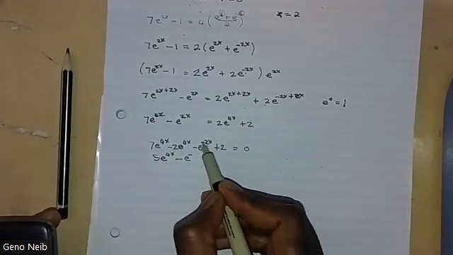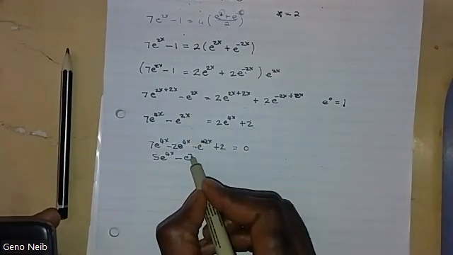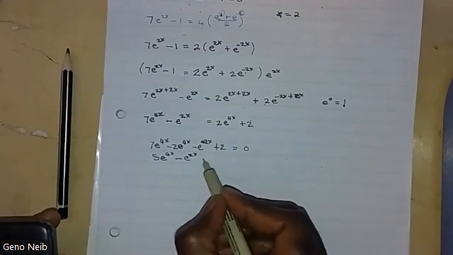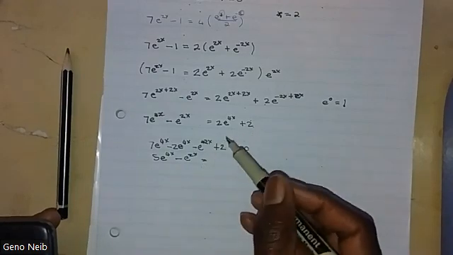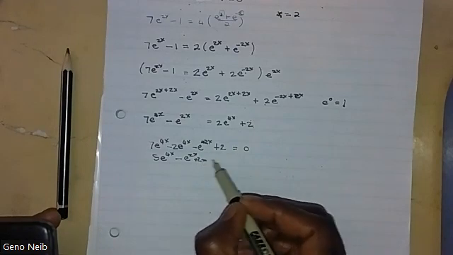Sorry, this is not a negative, because it's just this one that came down there. So it's just e to the 2x plus 2 equals to 0.